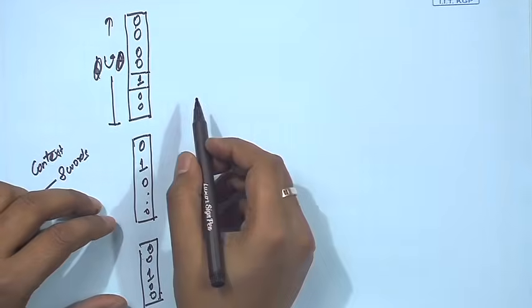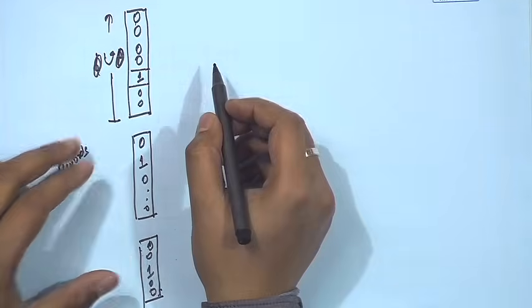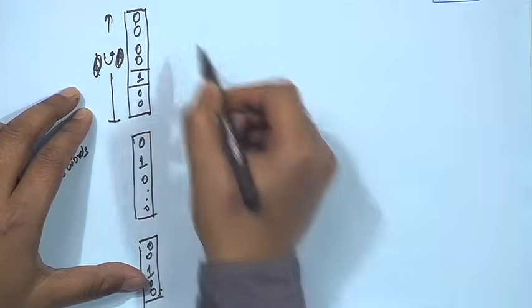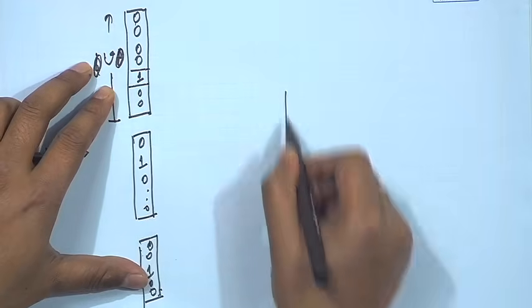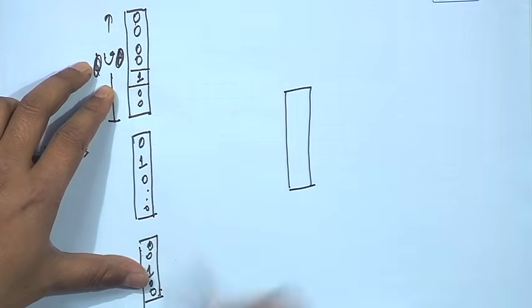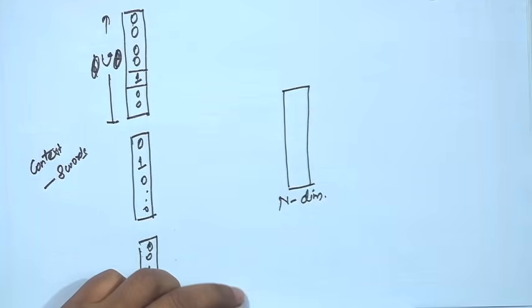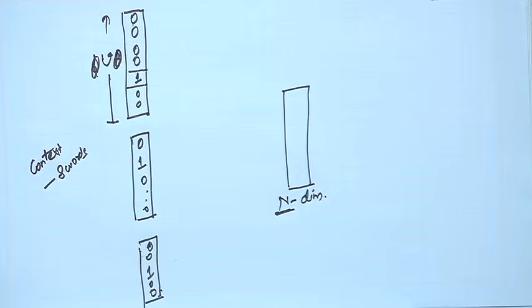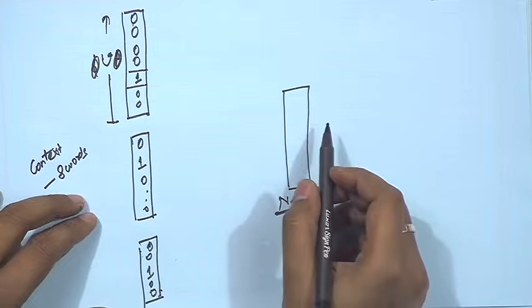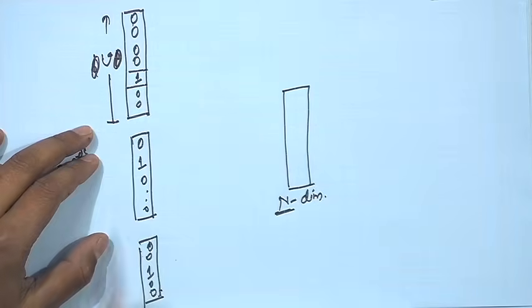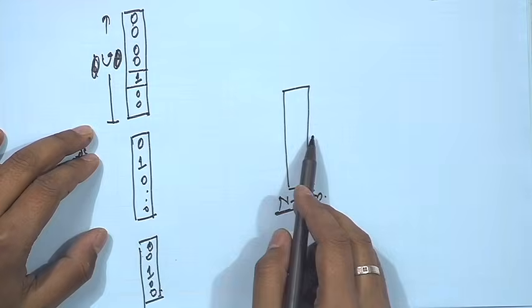Using this input, you then have a hidden layer of dimension n. Remember, this n will be important, and we will see what this n is. Now the input is of size v, and I want to map it to this n dimension.